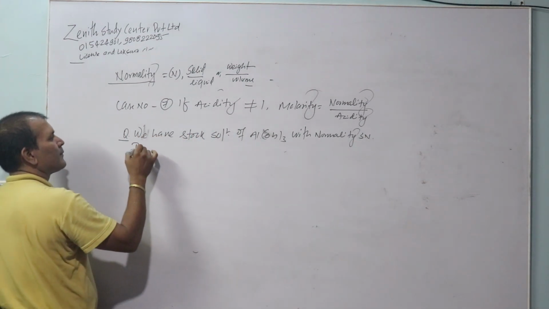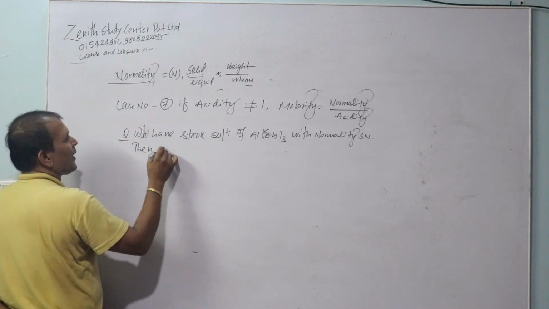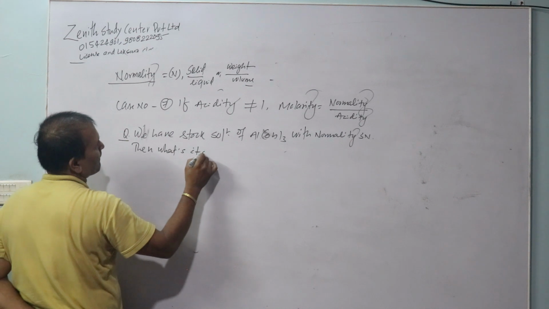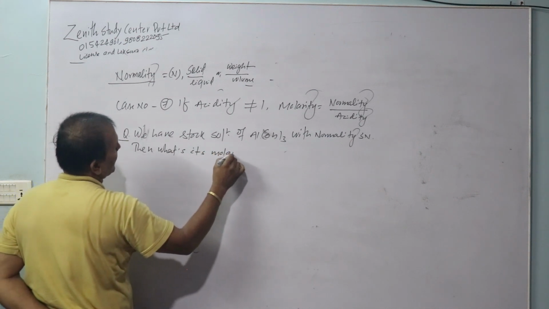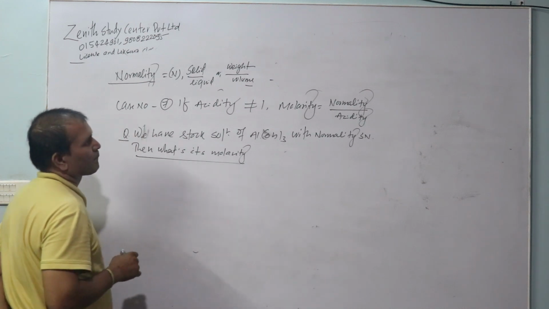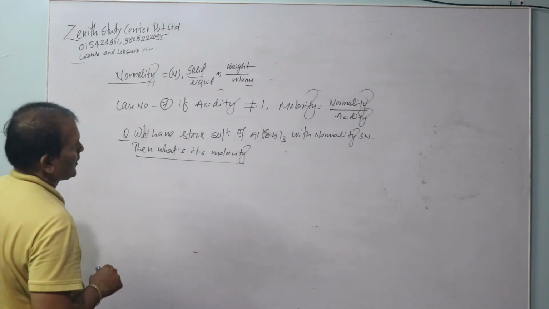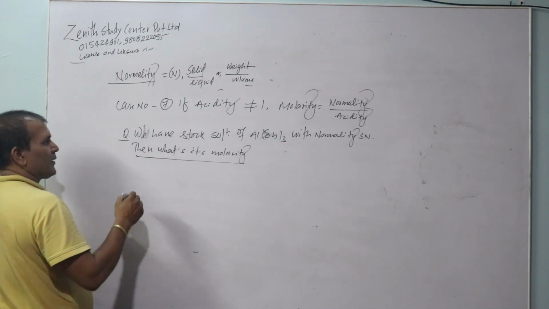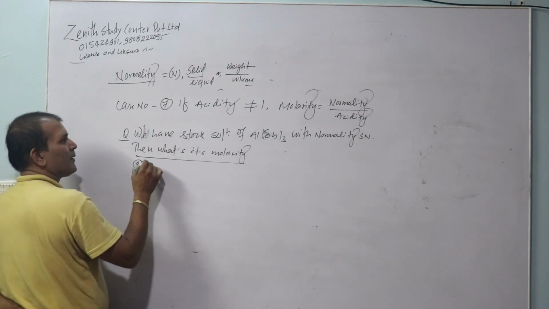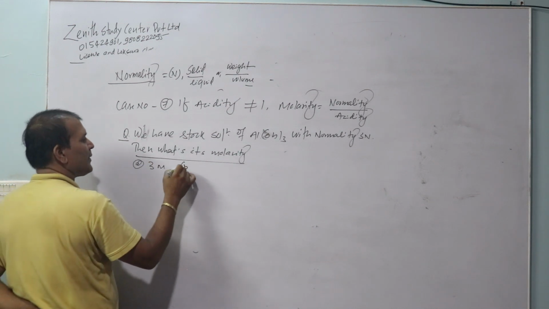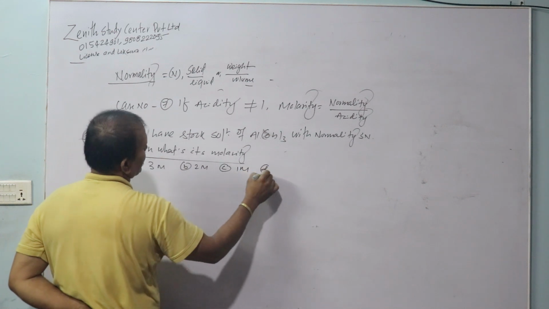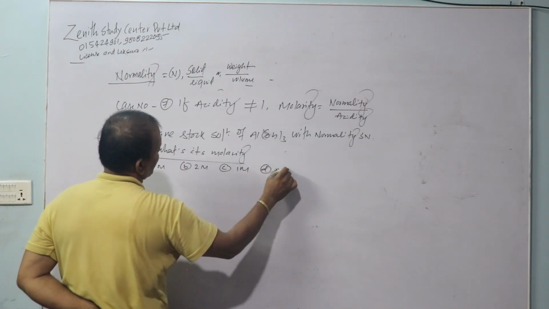Then what is the molarity? Options: A 3 molar, B 2 molar, C 1 molar, D 0.5 molar.